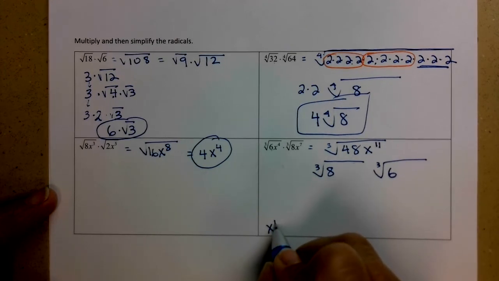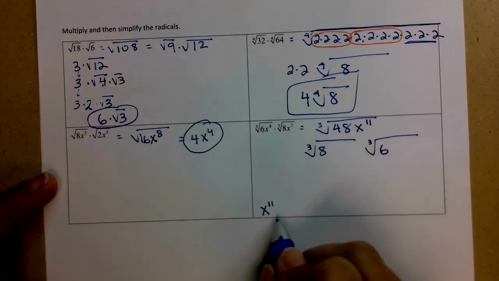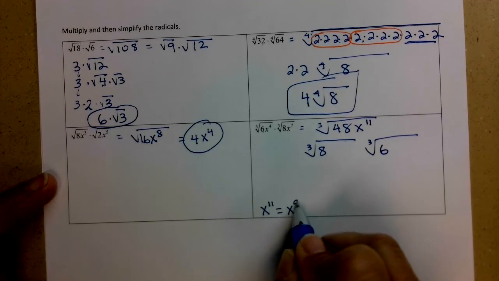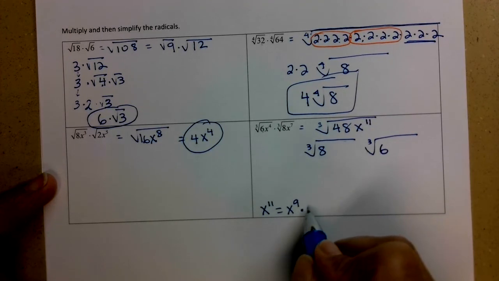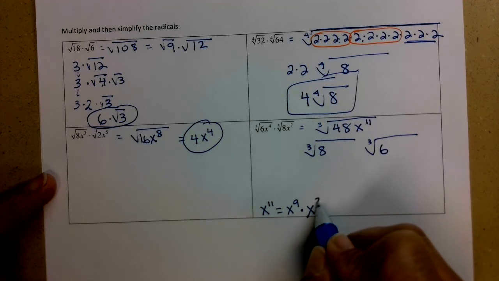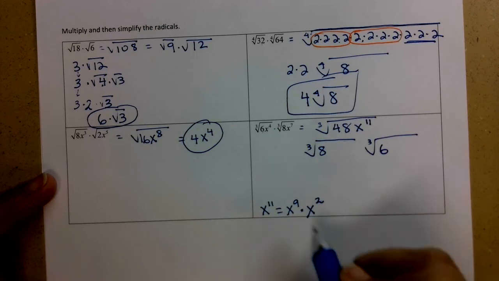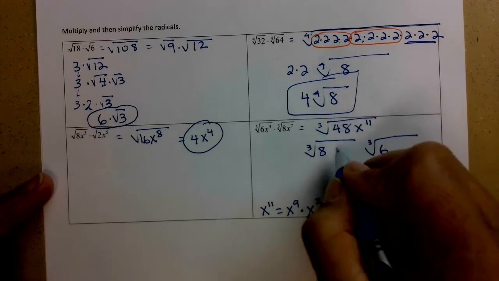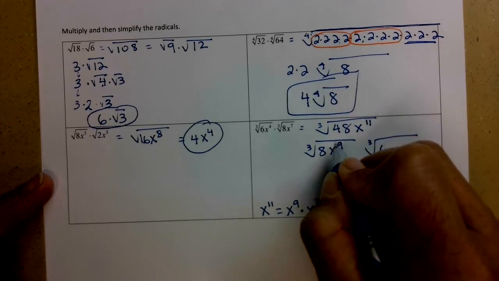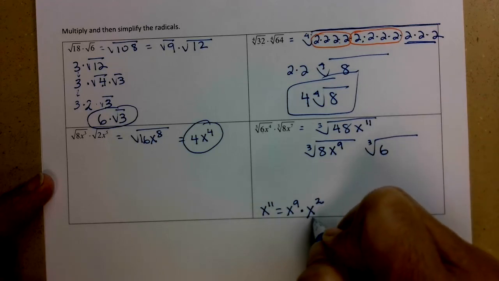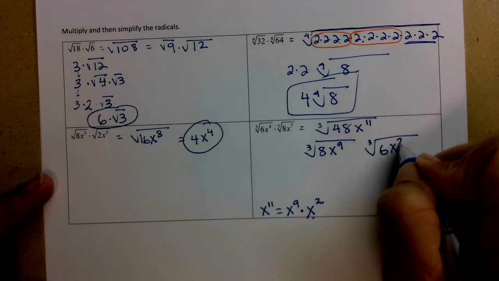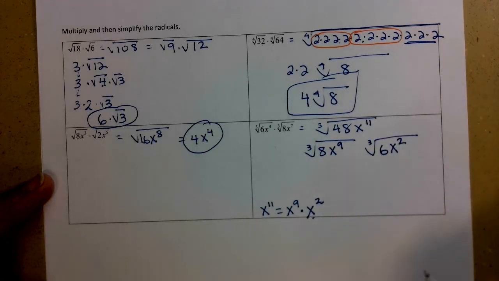So here's what's happening. I'm going to take that x to the 11th and think of that as x to the 9th times, what would its partner have to be? Right? X to the second, multiply bases, add their exponents. X to the ninth is the perfect cube because the index goes into the power. X squared ends up in the leftover bin.